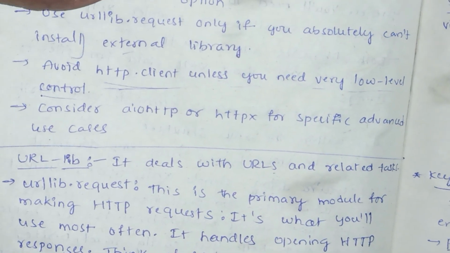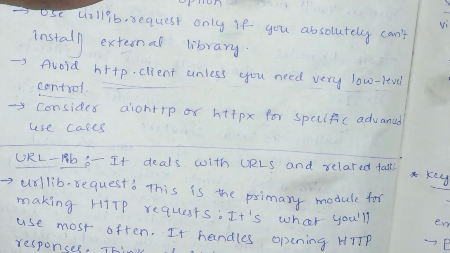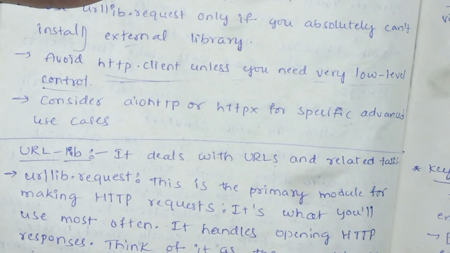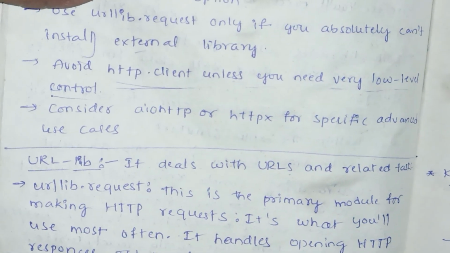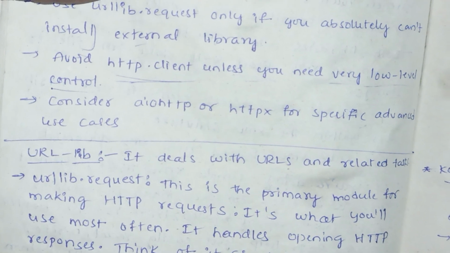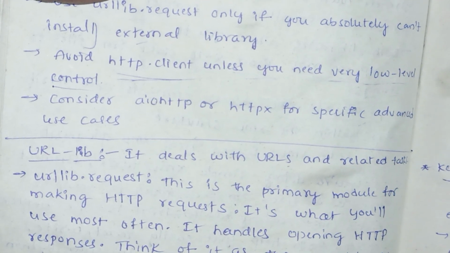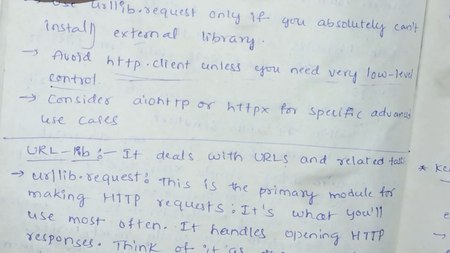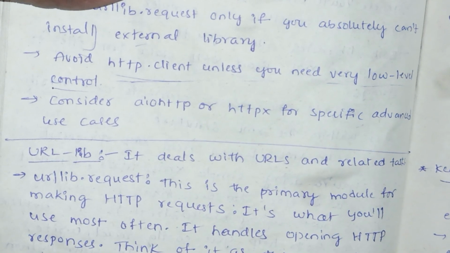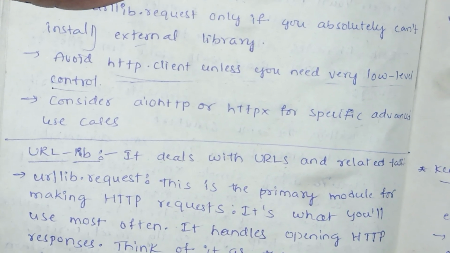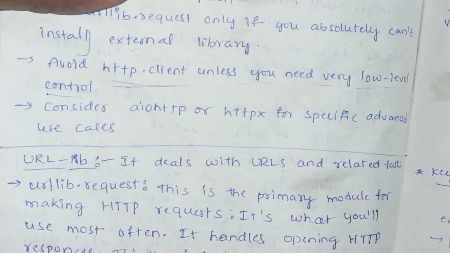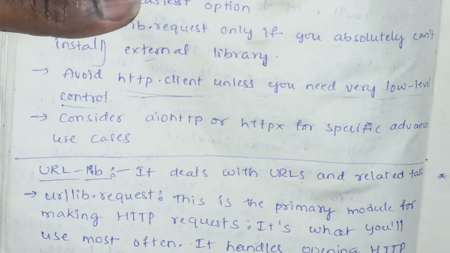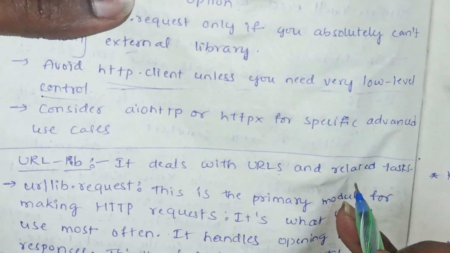It has different types of operations: urllib.request, urllib.parse, urllib.error, urllib.robotparser. These are all parts of urllib. We will discuss what those are. It deals with URLs and related tasks.